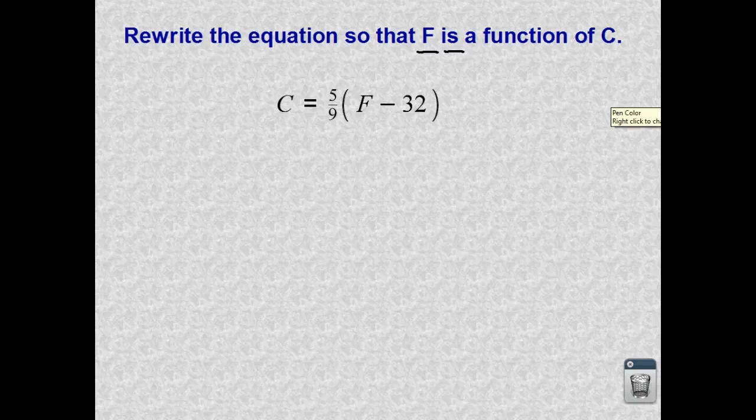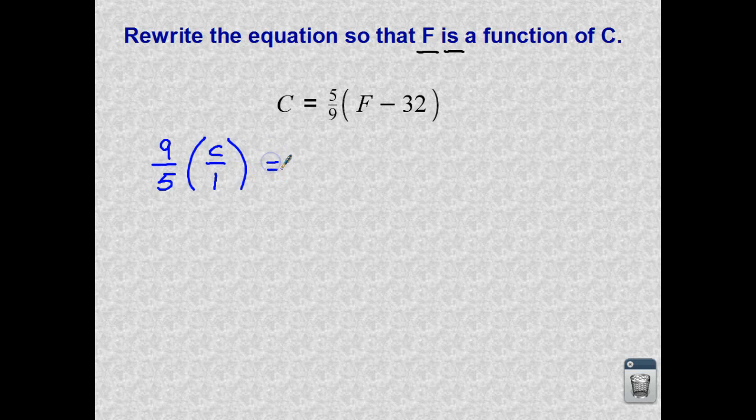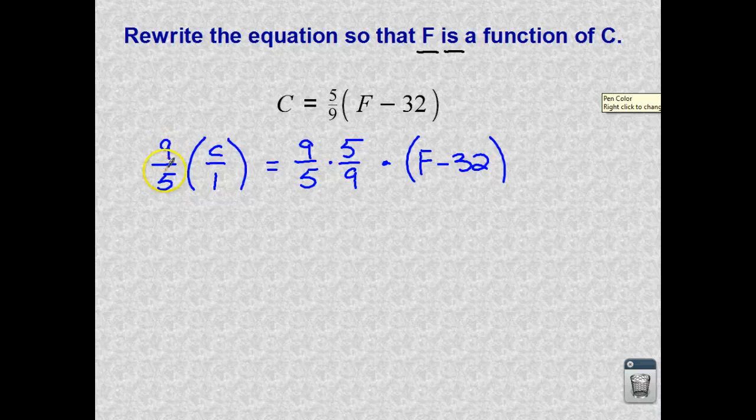Okay, we're back. So I see that 5/9 is multiplied by a quantity, so that when I undo that, I multiply both sides by the reciprocal. We've learned that. So 9 over 5 times c over 1 is equal to, all right, now what happens? So we have 9/5 times c over 1 is still 9/5 times c.